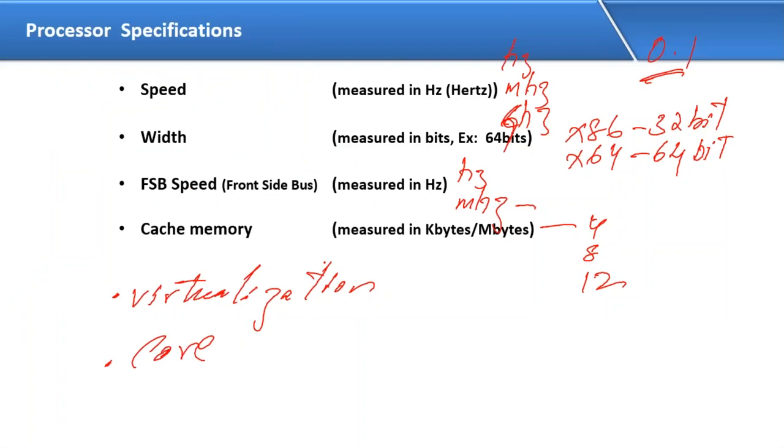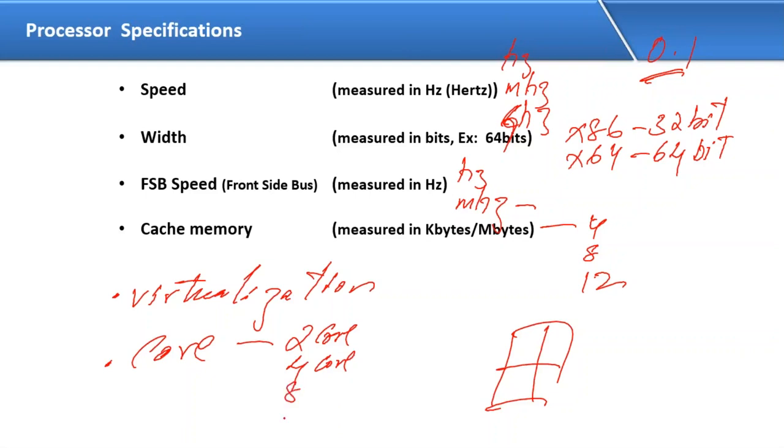Earlier, the processor was a single processor, single chip. If I'm saying my processor is 1.4 gigahertz, so the total speed of my processor is 1.4 gigahertz. But now we have core technology, where we have a number of processors. If I'm saying core, how many? Two. One processor, two processors here. If I'm saying I have four cores, one processor, how many processors do we have? 4 core.